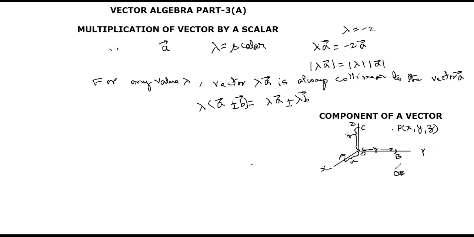You know that i cap, j cap, and k cap: i is the unit vector along the x-axis, j is the unit vector along the y-axis, and k is the unit vector along the z-axis.